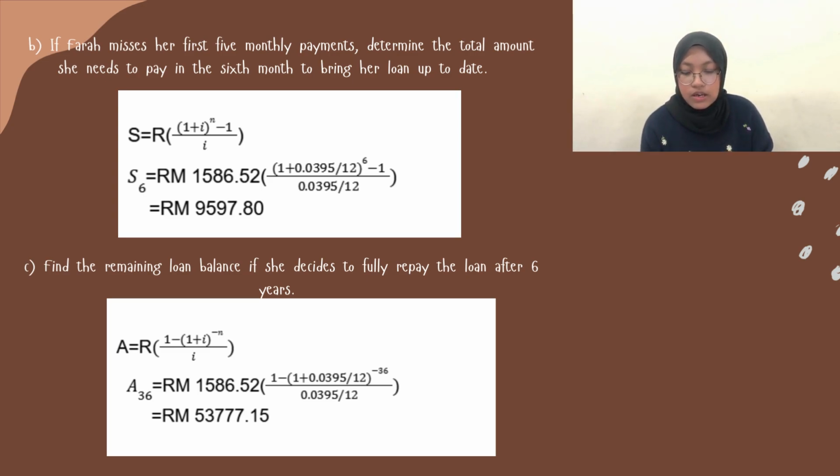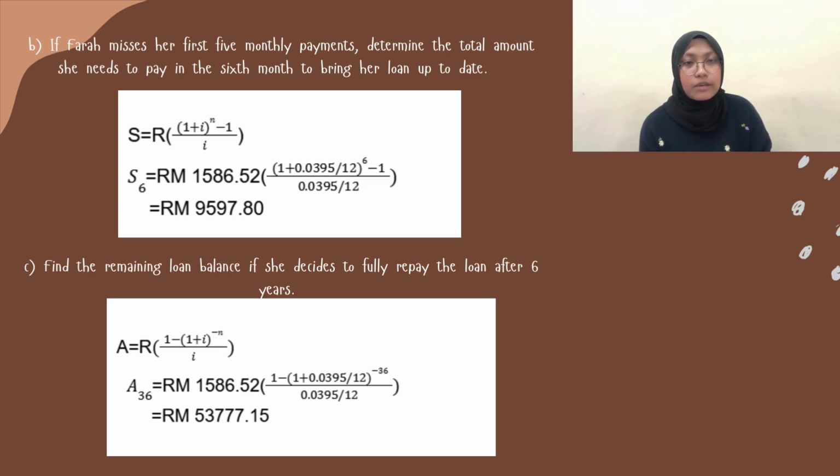For question C, find the remaining loan balance if she decided to fully repay the loan after 6 years. We have to use the A formula, right? A equals R bracket 1 minus bracket 1 plus I end of bracket the power of negative n over I end of bracket.